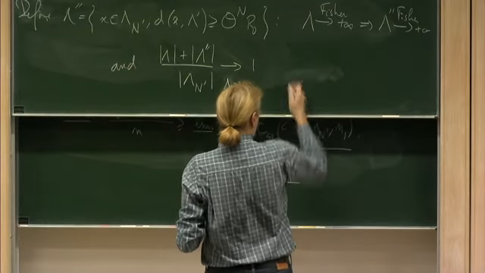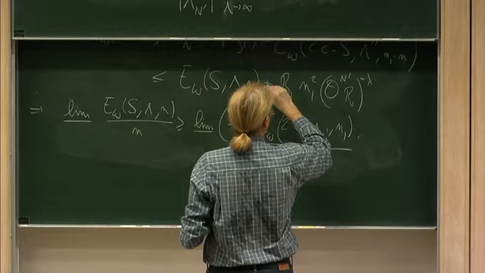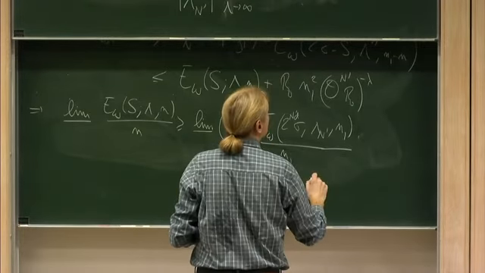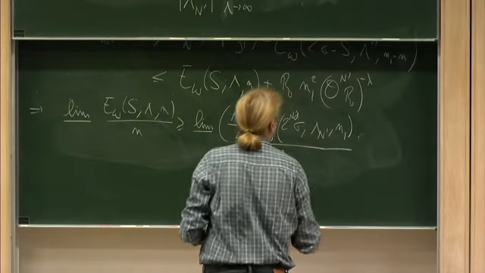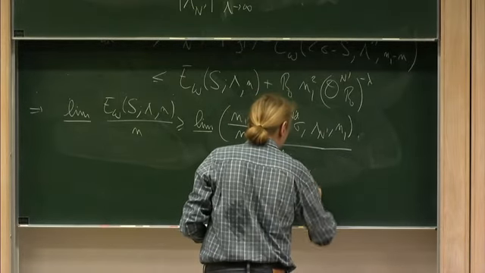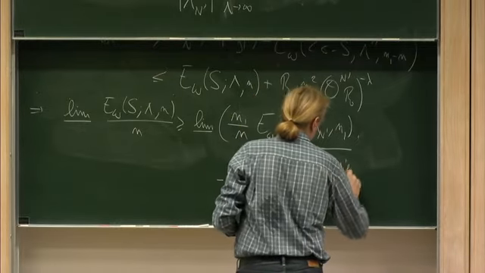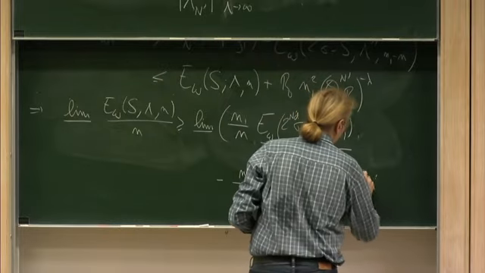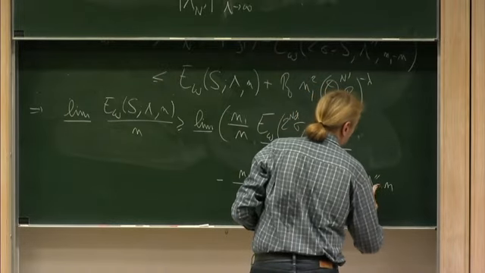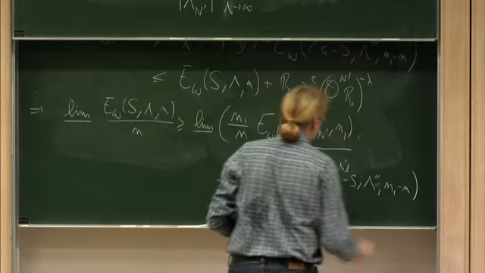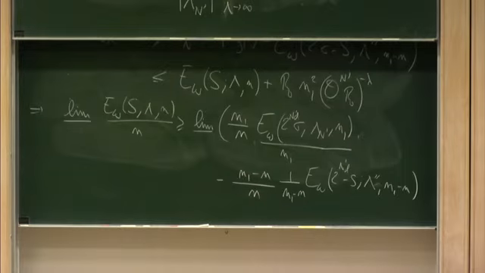No, n2 is not written explicitly, it's n1, so it's just n1 minus n. Just write it in this way, it's going to be easier. E omega 2 n prime d minus s double prime n1 minus n. Okay, it's just this.